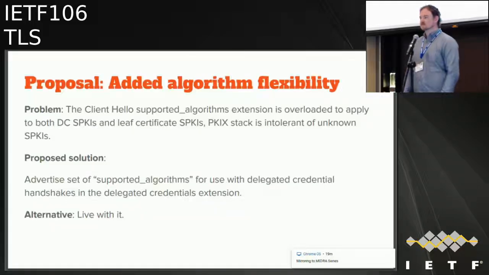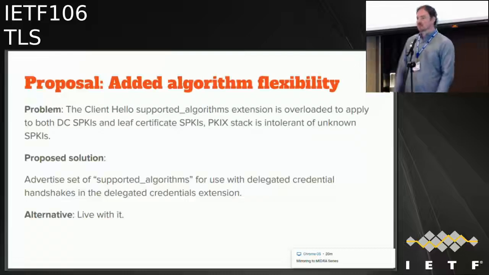I'm okay with this. I think that having a very small, controllable set of signature schemes for delegated credentials is a nice feature. I don't think it's absolutely essential, but I'm okay with this proposal. I would imagine that the typical deployment will only have, say, elliptic curve support and not RSA of any sort.